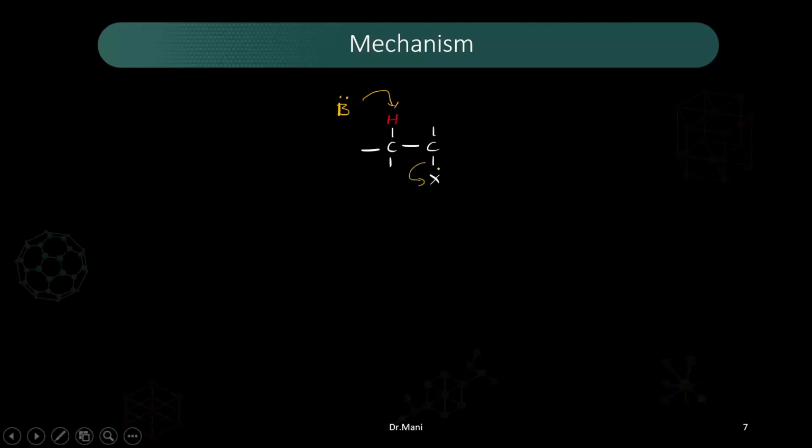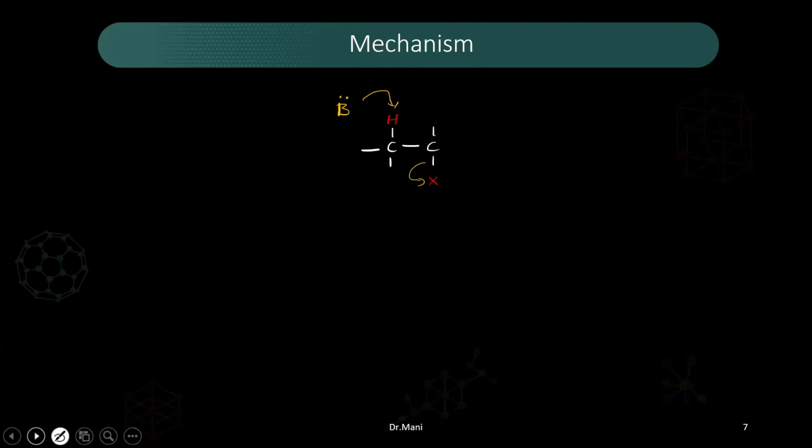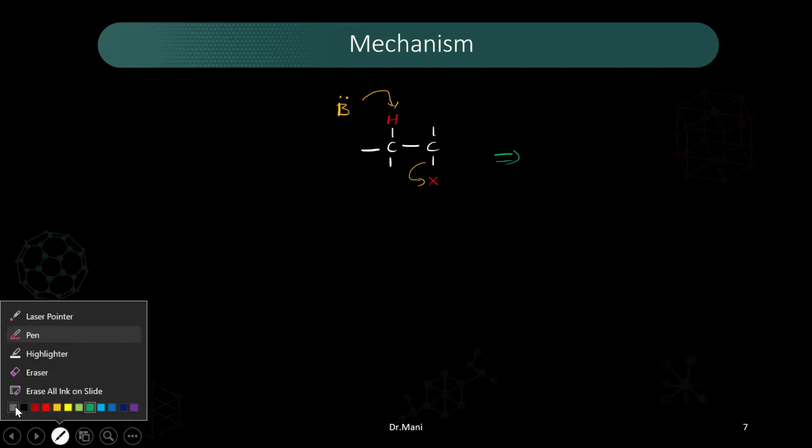Is that clear? This we call the base approach. When the base approaches, it induces the reaction by pulling the hydrogen, and the halogen is also trying to break its bond with the carbon. Understood? That is the first process. Once that is over, it will result in the formation of a transition state. So what is the transition state?